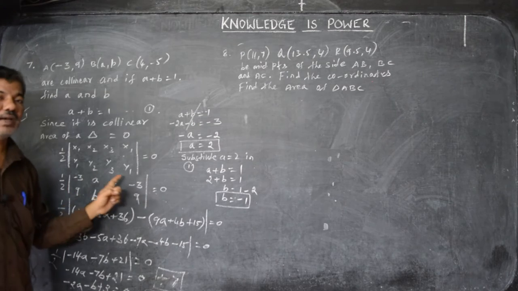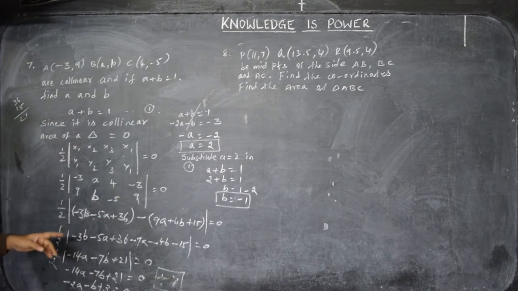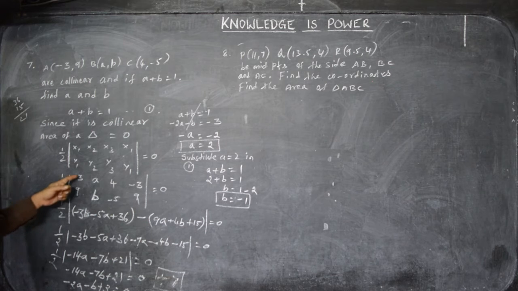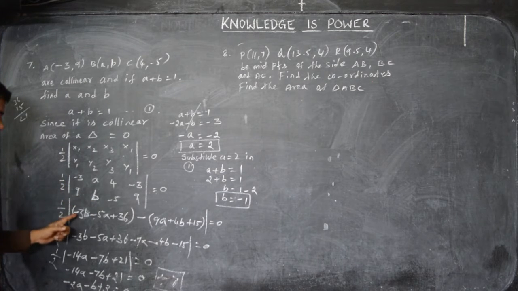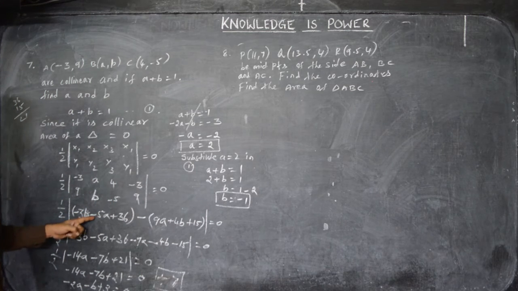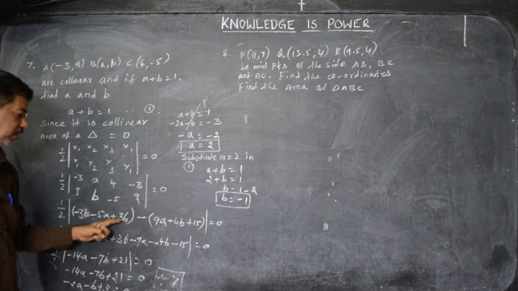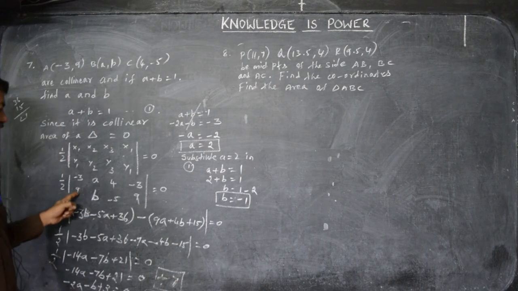Again write the first coordinate, equal to 0. Then half, 3 into b. It's clear, 3 into b, this is not 6, be careful. 3b, since it is minus, minus 3b. 5 into a, minus 5a. 4 into 9, 36. Minus 9 into a.